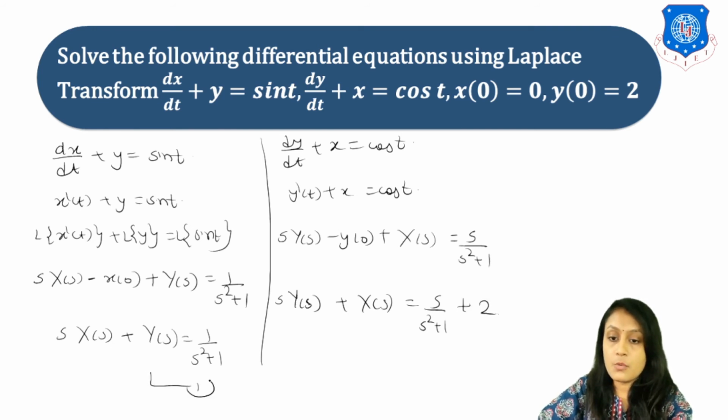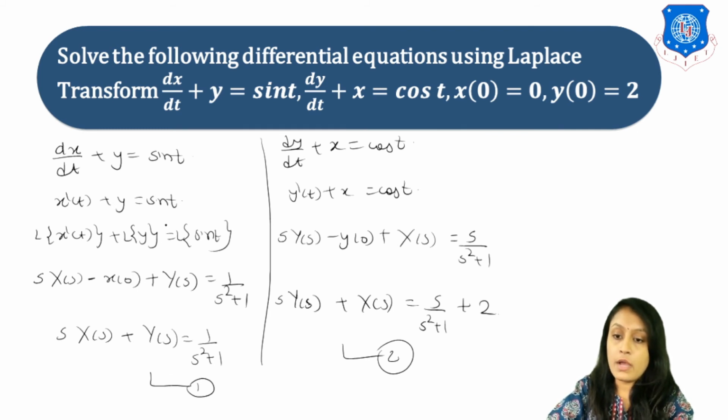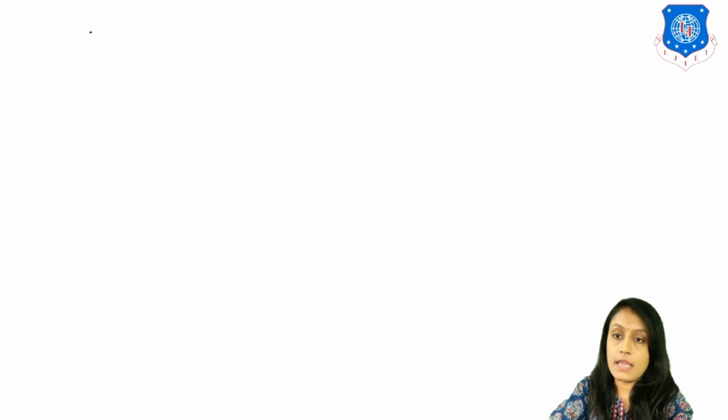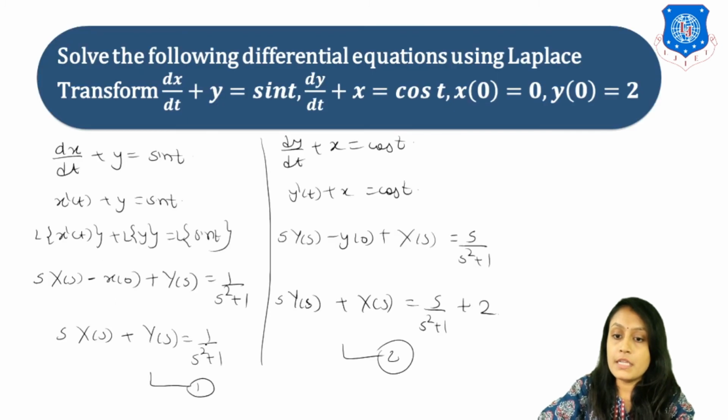Now we have equation number 1 and equation number 2. What we have to do is simplify these two equations, find X(s) and Y(s), and then simplify individually. Firstly, we will write equation 1 and equation 2 again. sX(s) plus Y(s) is equal to 1 upon s square plus 1.